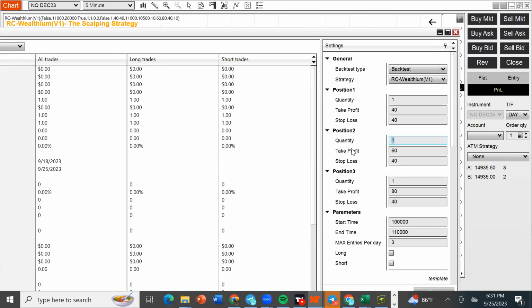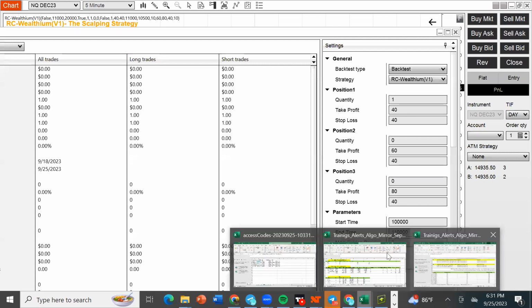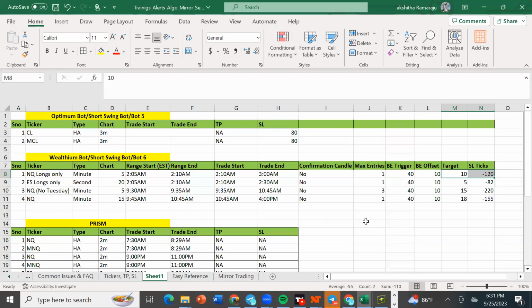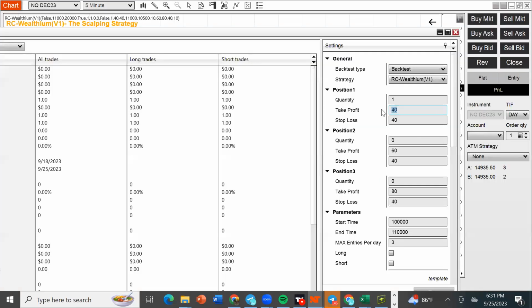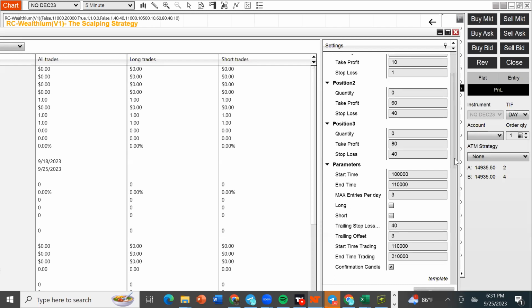And what is the position? Quantity 1. This is 0. This is 0. And then take profit is 10. Stop loss is minus 20... 10, minus 120. We don't need to, right? Because we are only taking one position. We don't need to worry about the others.